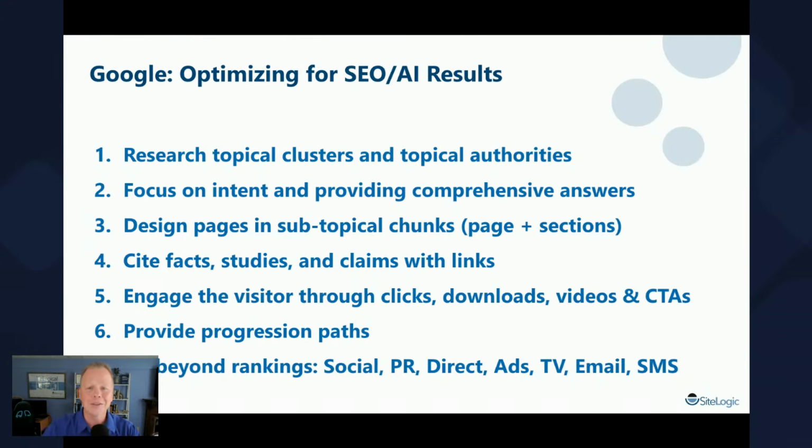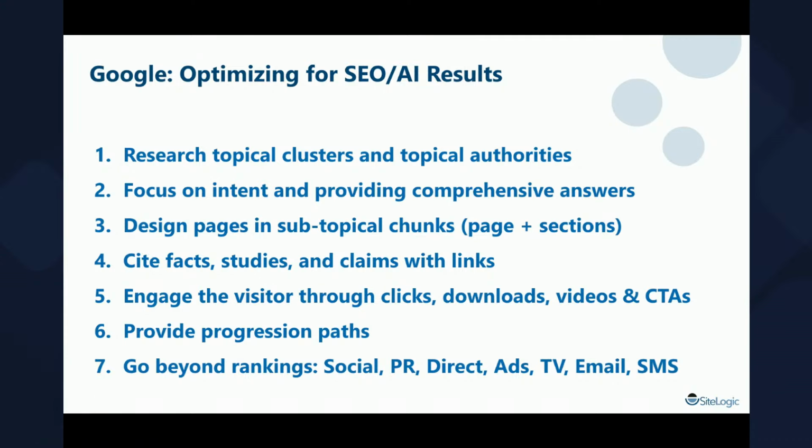So here is the summary. If you're going to optimize for both SEO and AI results, research your topics. And remember what I said, talk to your customers. They're the best source of information. Focus on intent and providing comprehensive answers. Design your pages in subtopical chunks.